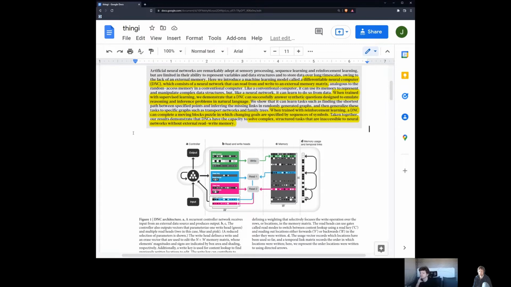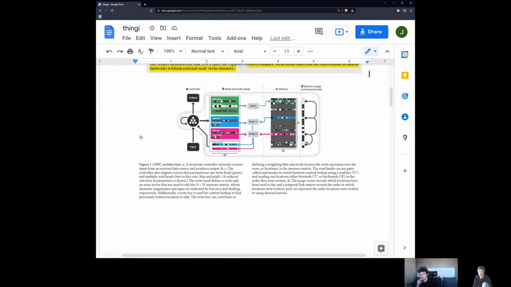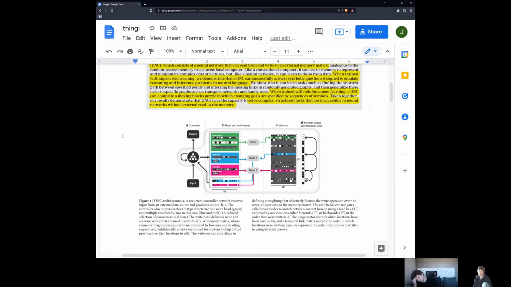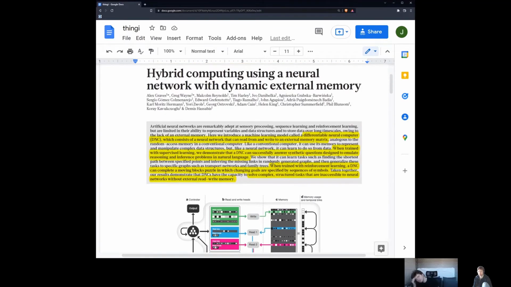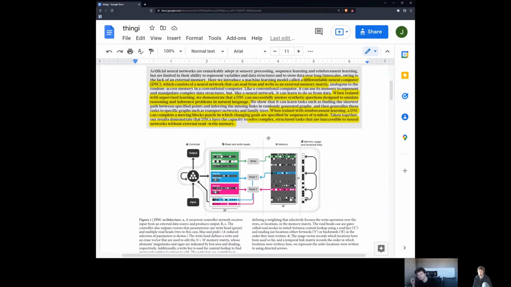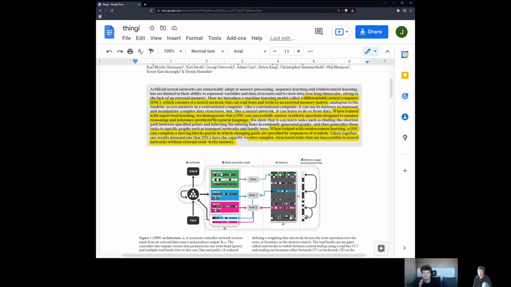So this time the exercises they did were a bit more interesting. I guess as a preview of what we're going to talk about. So last time we looked at basically copying, and what else? It was copying once, copying multiple times. Yeah.